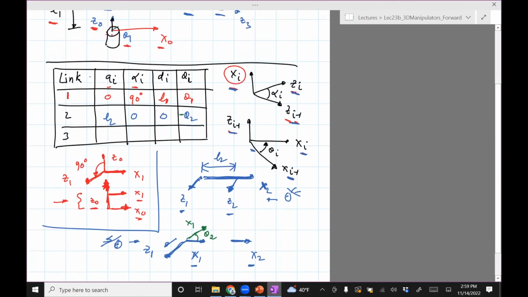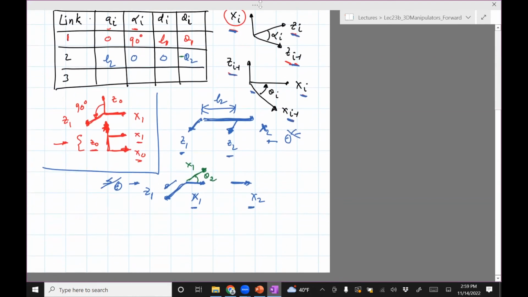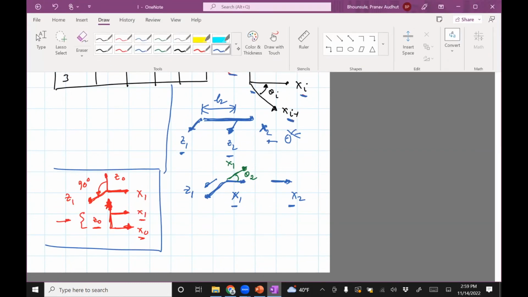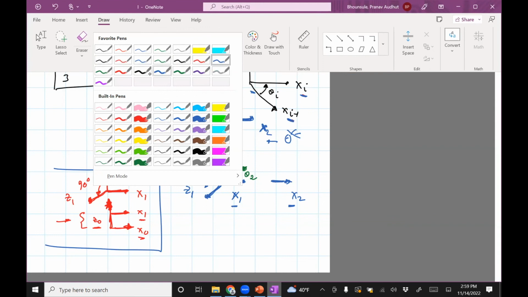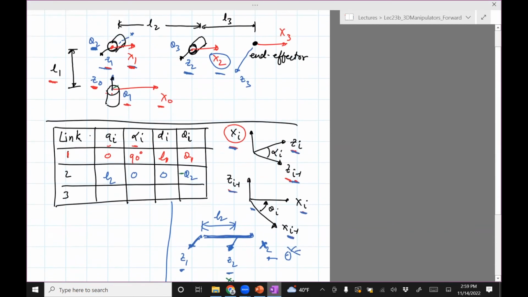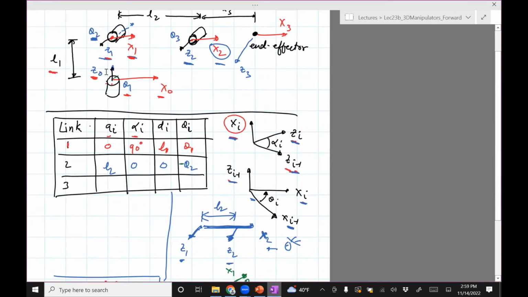Okay, and then I was just trying to make some space here, enough space for the last one. Okay, finally, we are at the last link. Now, here we need to again do alpha i. So I put i equals 3.